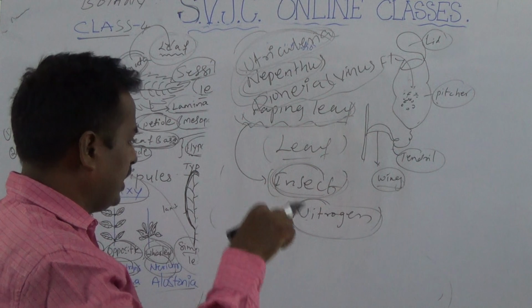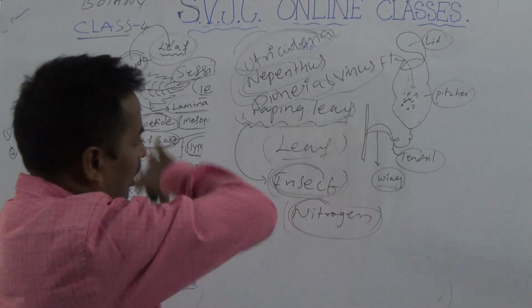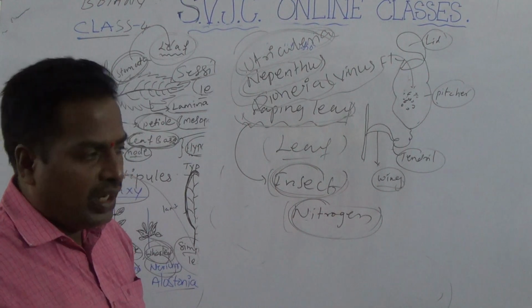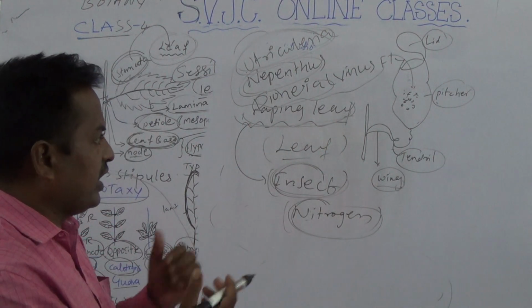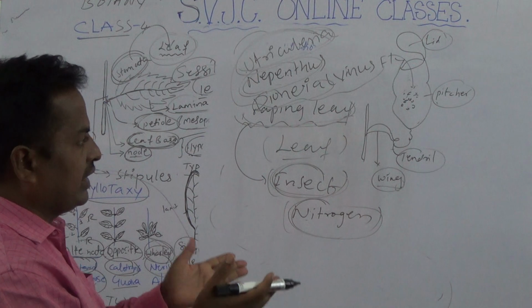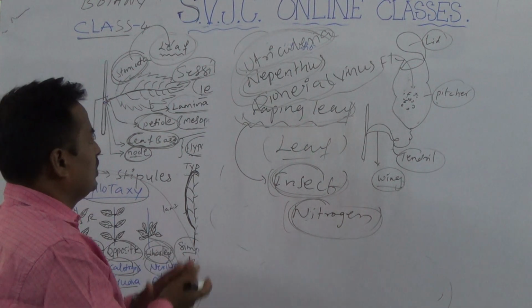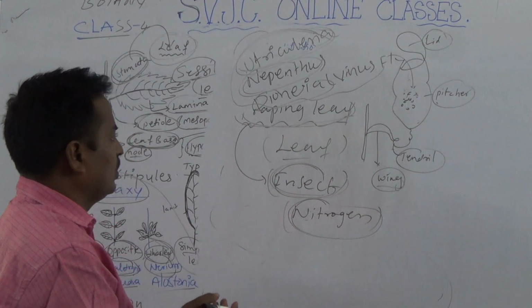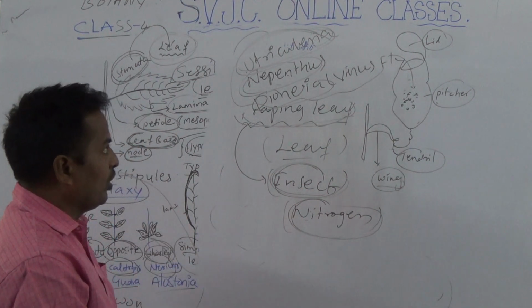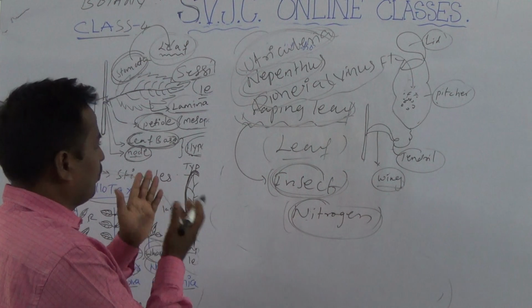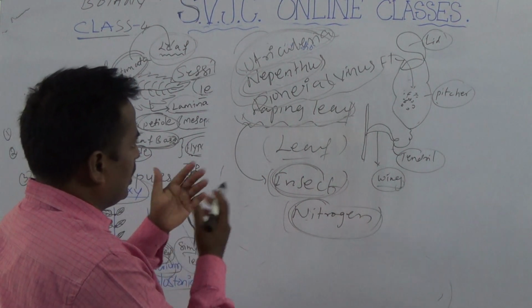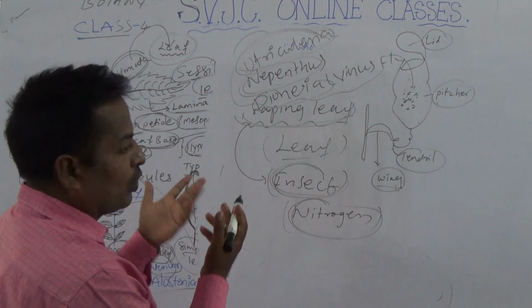Due to the lack of nitrogen in that habitat, the lamina is modified into different morphology. The purpose is to attract insects, kill them and get nitrogen. Such leaves are called trapping leaves or insectivorous leaves. So different types of leaf modifications are there in flowering plants. We will discuss examples later, and the next topic is inflorescence.